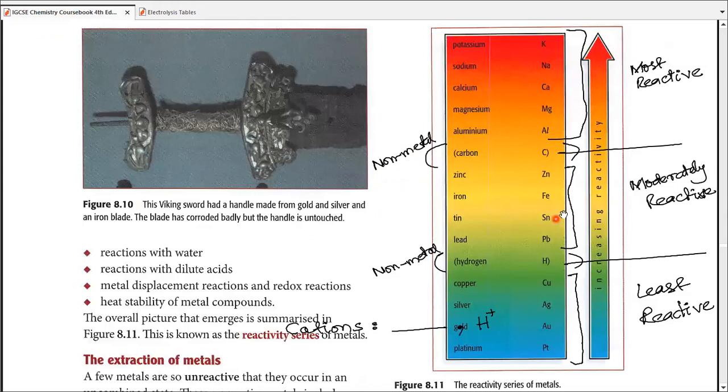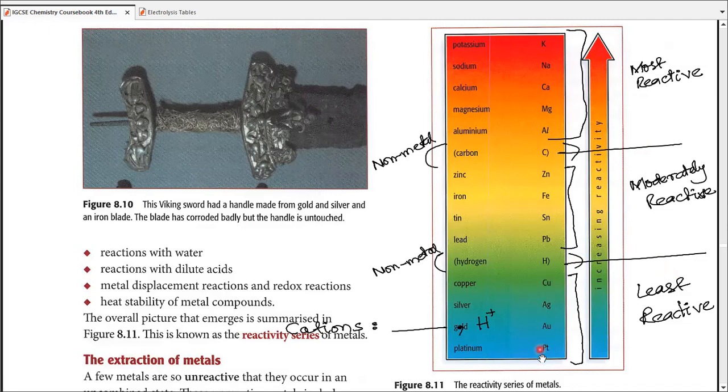If we compare everything with hydrogen, and only the less reactive ones can get to the respective electrode, the cathode, then the ones who would always be successful in this competition against hydrogen would be the ones that are less reactive than it. Of course, the ones at the bottom, which are copper, silver, gold, and platinum.